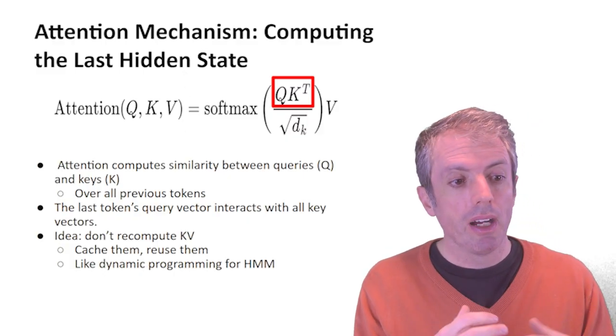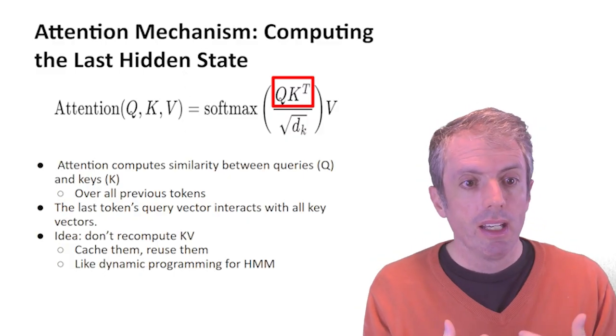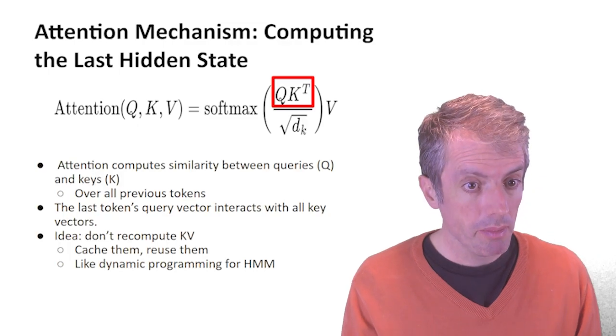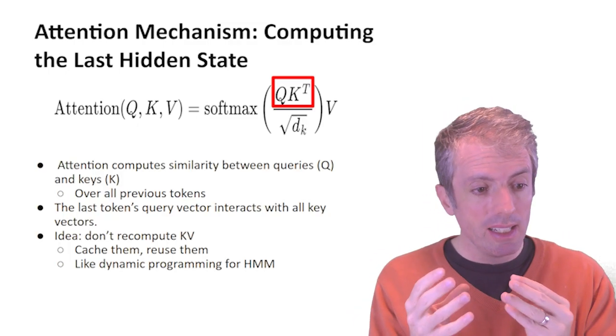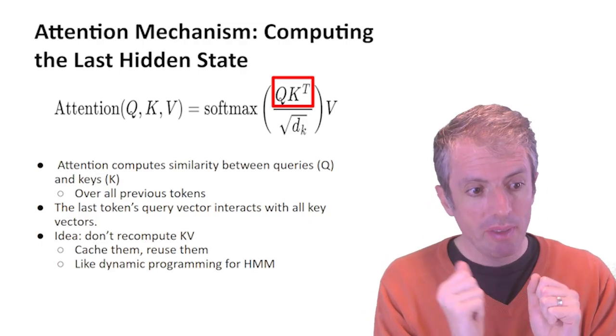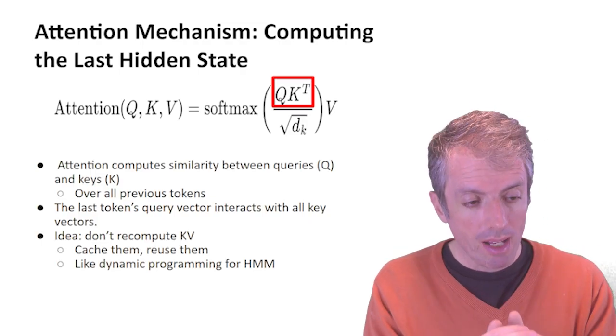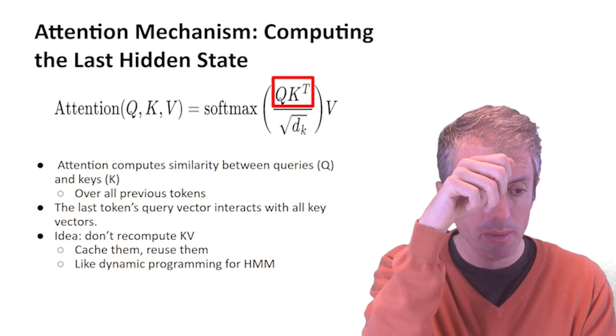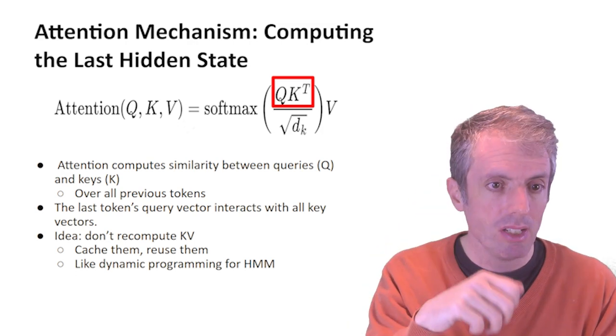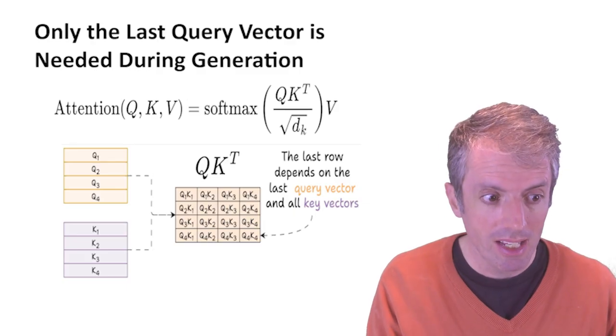This should remind you of the sort of thing that we did with dynamic programming for other models. You save what you need to do the next step of the computation, but this is a whole lot more complicated than just remembering one vector that keeps track of what is the probability to get to this part of speech at token t-1 for the HMM.